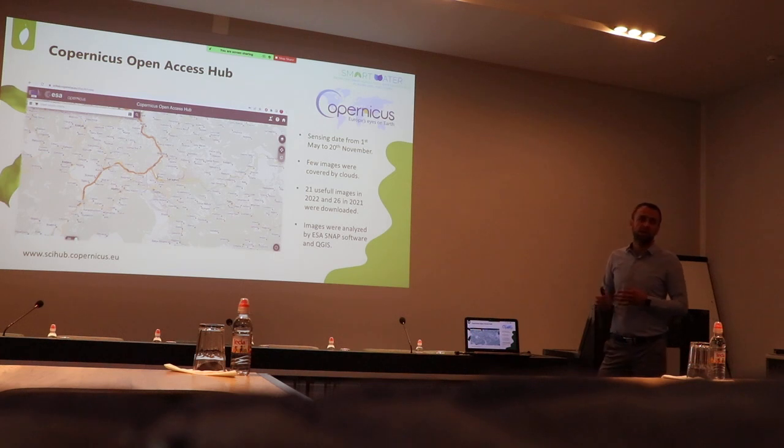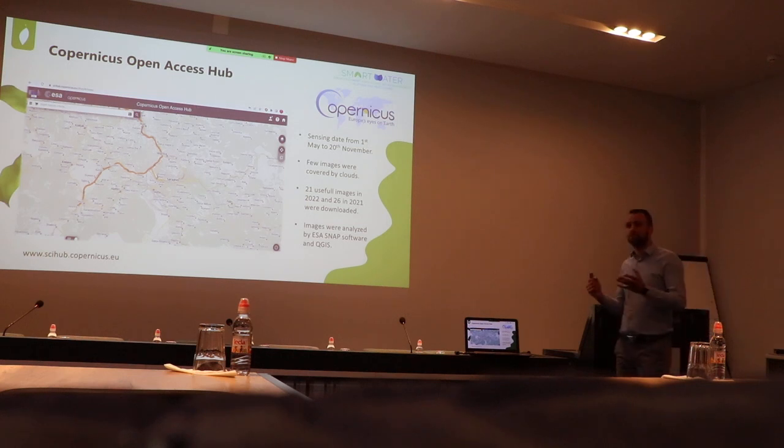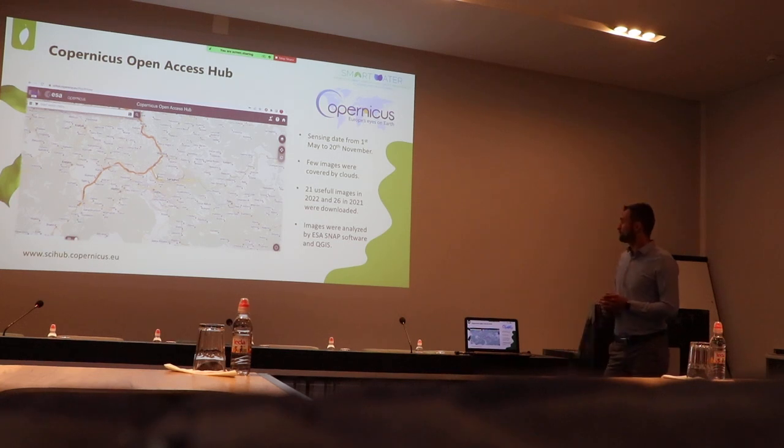You only need to be registered, and you can find the images from a specific date of your target area and download them totally free. So for our experiment, the sensing date was from 1st May to 20 November, the vegetation period of corn.